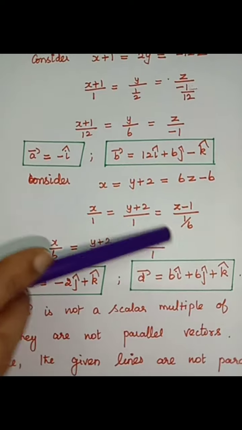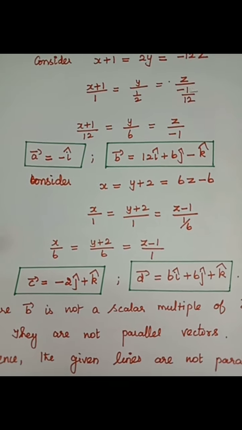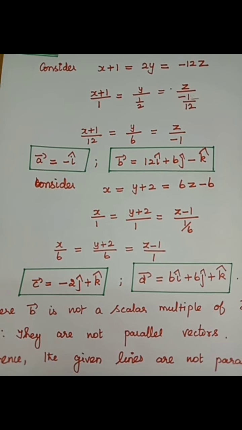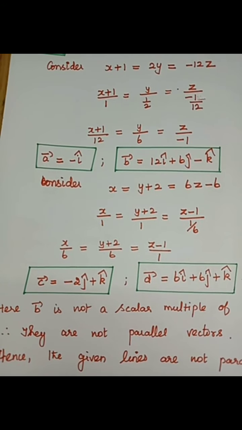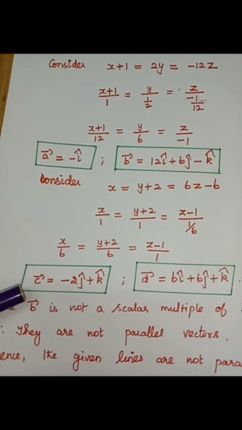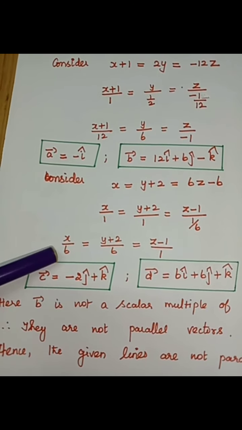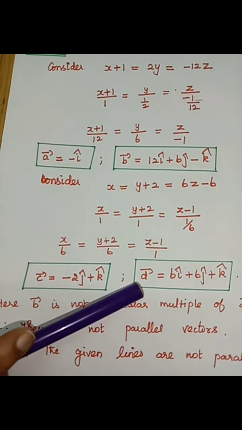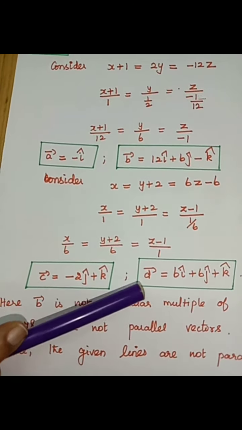The numerator form should be x minus x1 is equal to y minus y1 is equal to z minus z1. From that I have taken the C vector, and from the denominator the D vector is 6i cap plus 6j cap plus k cap.